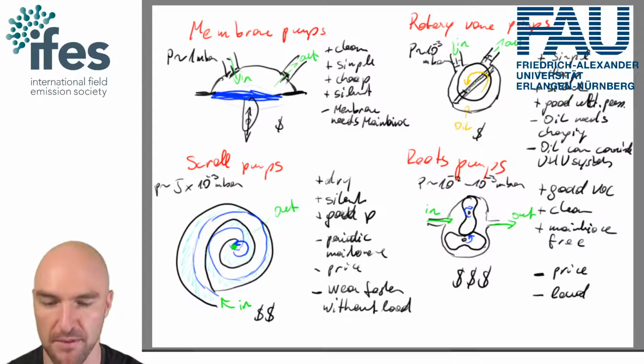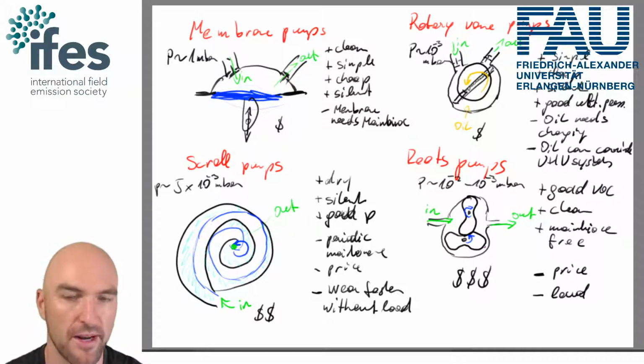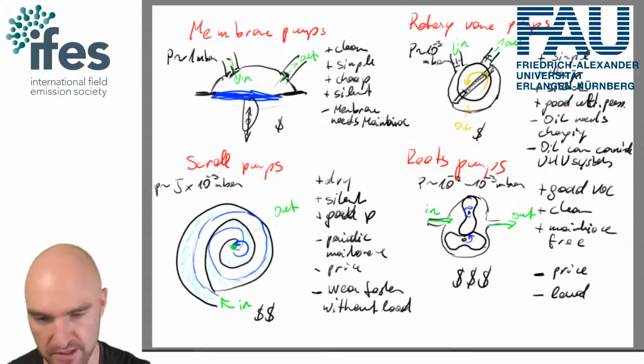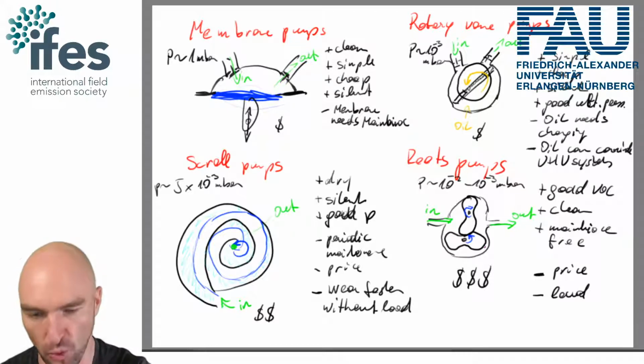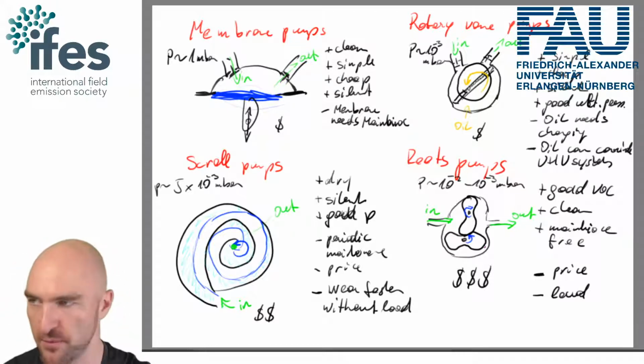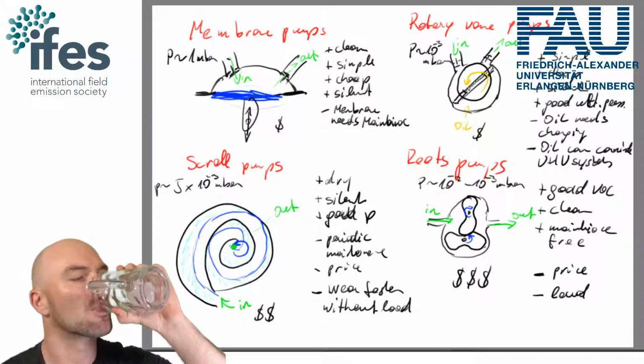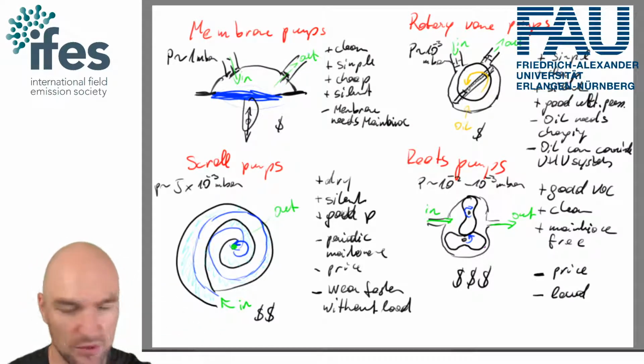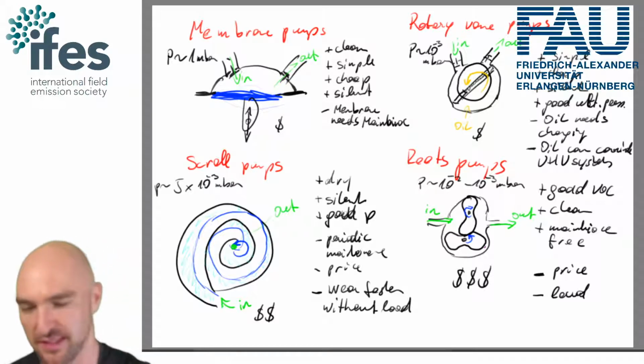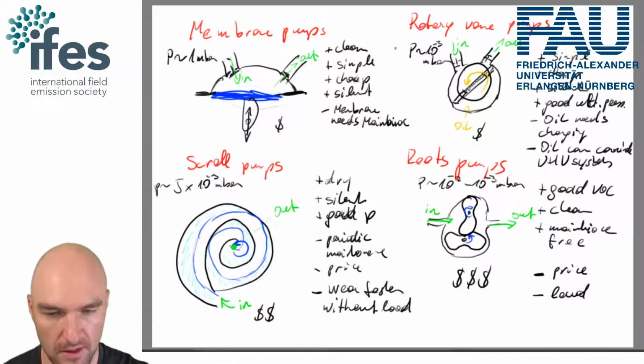They're clean, they're simple, they're cheap, and every 2 years or so you just put a new membrane in. But these are the choices. We actually operate all of the different ones here for different purposes. Sometimes we've learned that our first choice was maybe not the best choice. But these are essentially your options as backing pumps. Good.